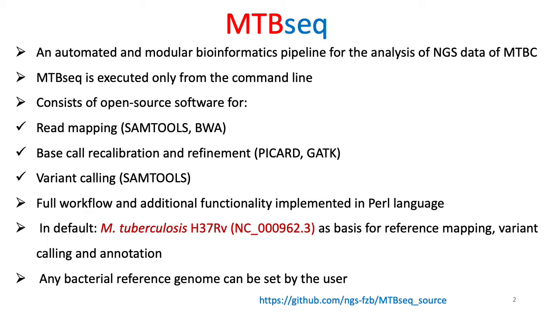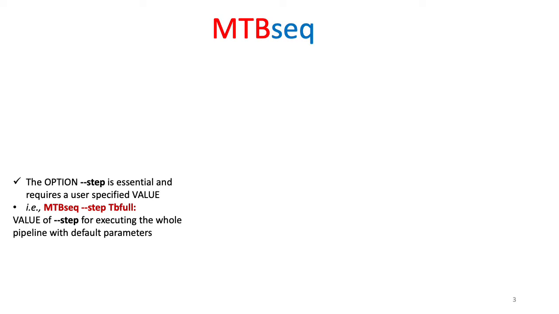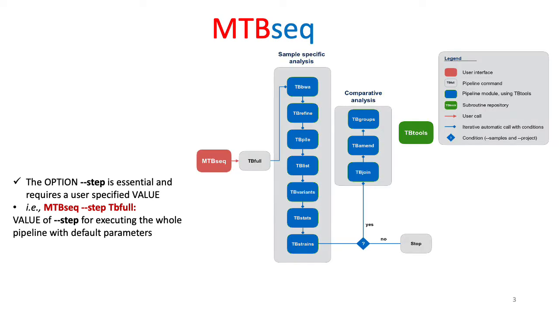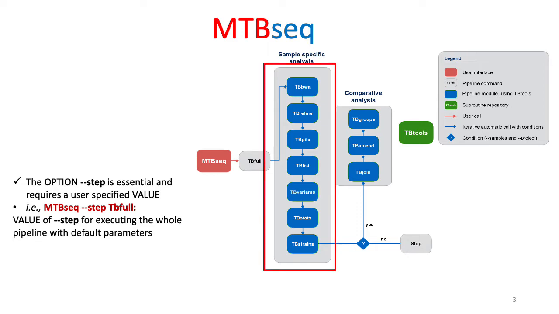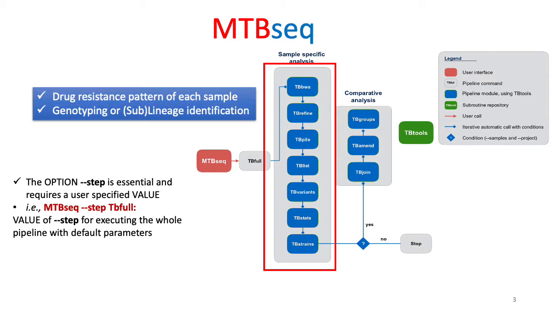So the MTBseq pipeline consists of two workflows, with 7 modules encompassing a sample-specific analysis, as you can see here, and 3 modules for the comparative analysis of multiple datasets.